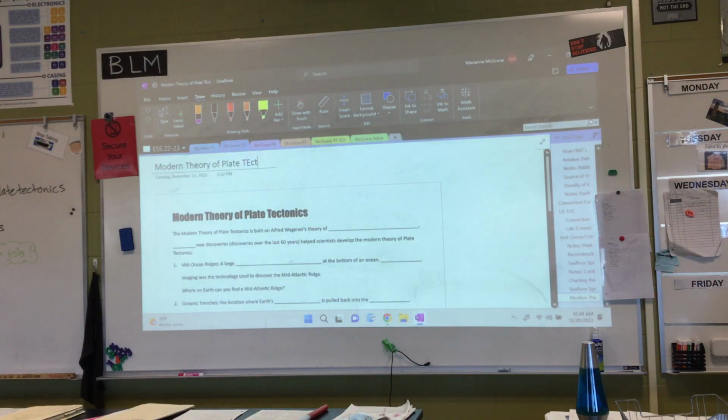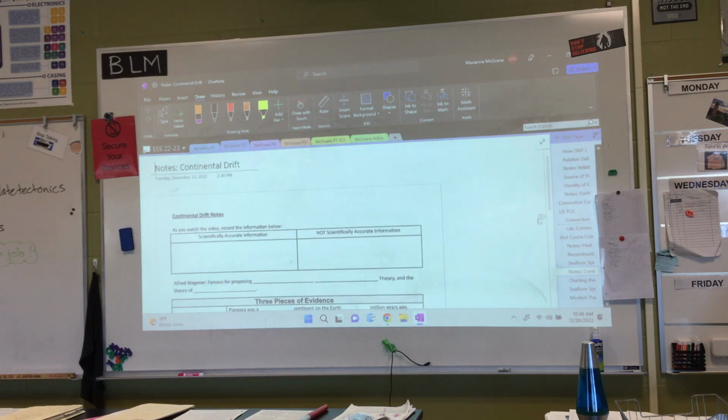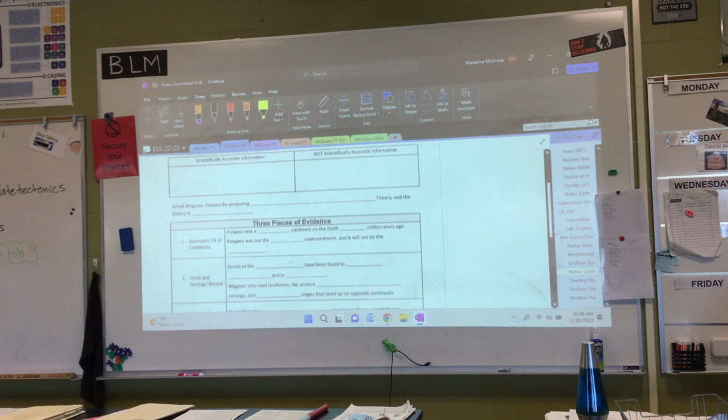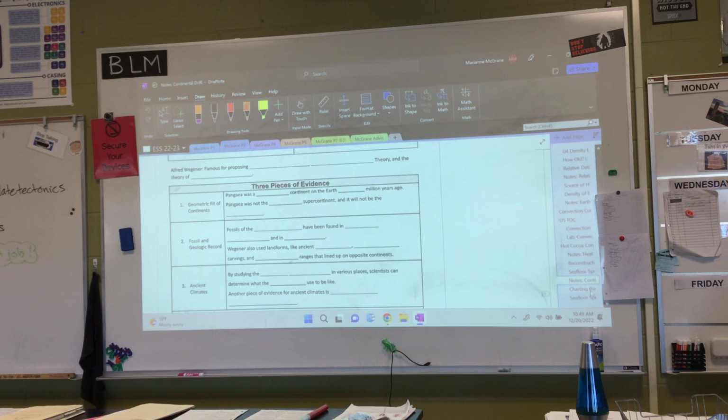We took notes on continental drift, and it's on the back side of that. I know you have these notes, but you just don't want to look for them.